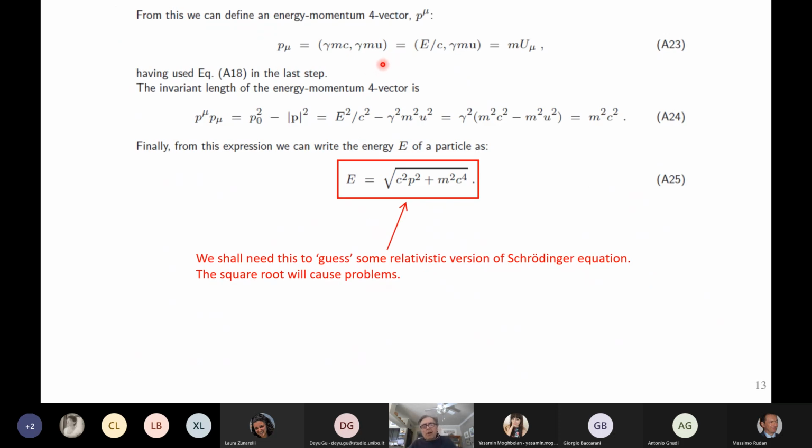In order to express this energy in terms of a 4 vector, remember we're moving now in space-time, since space and time are mixed by Einstein's transformations. Everything has to be invariant when we do, let me call it a rotation in this 4-dimensional space-time.